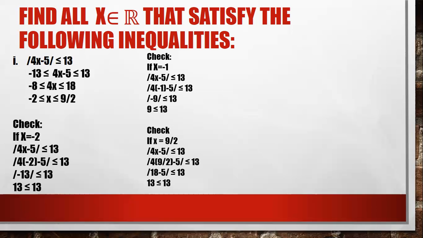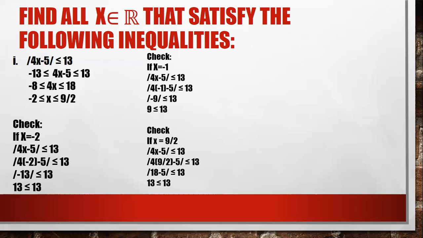So let's try. We have the absolute value of 4x minus 5 less than or equal to 13. Let's substitute the value of x. So we have the absolute value of 4 times negative 1 minus 5 less than or equal to 13. 4 times negative 1 is negative 4, minus 5.